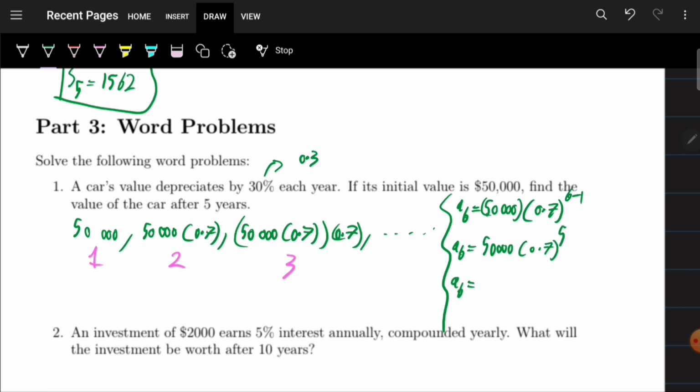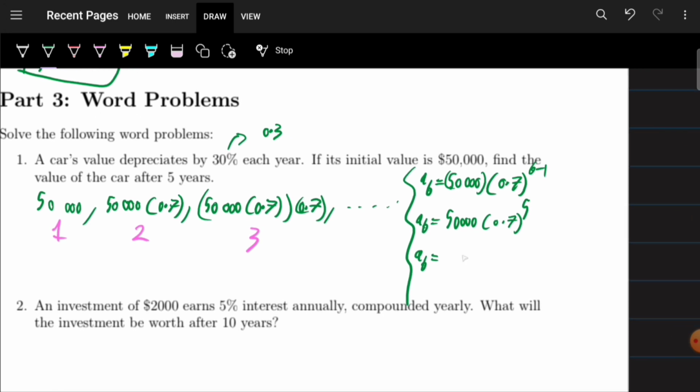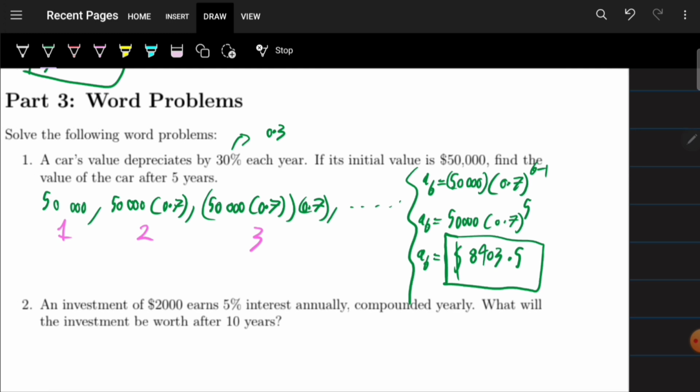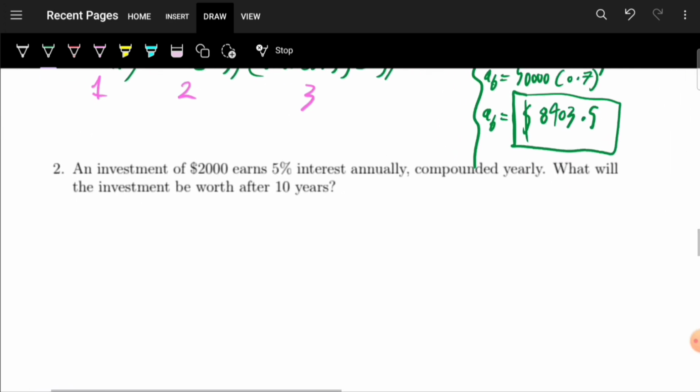Let's figure out what this is. 0.7 to the power of 5 times 50,000 comes out to 8,403.5. So after 5 years, the car is worth this much if it depreciates by 30% each year. All right, let's have a look at the next one.